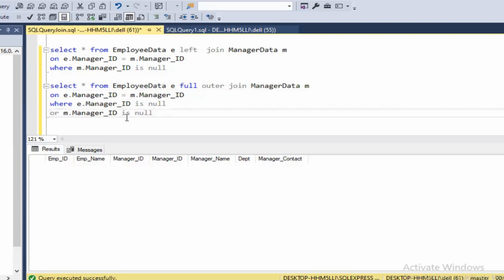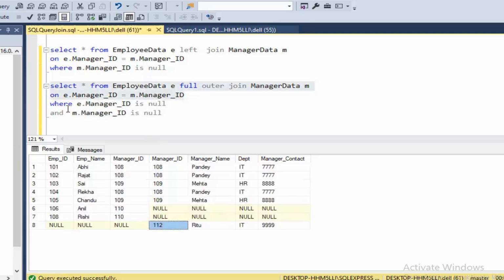I got a good question: why is AND not giving the result? Because in a row, e manager id is this one and m manager id is this one. If you match it, no row is available where both of the columns are null.